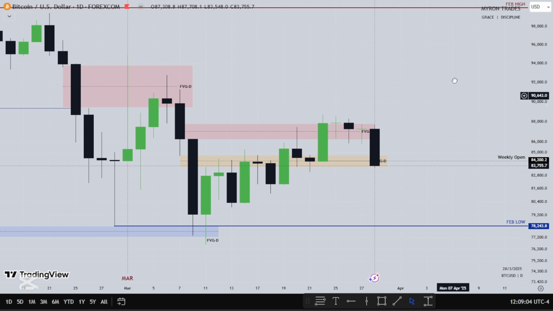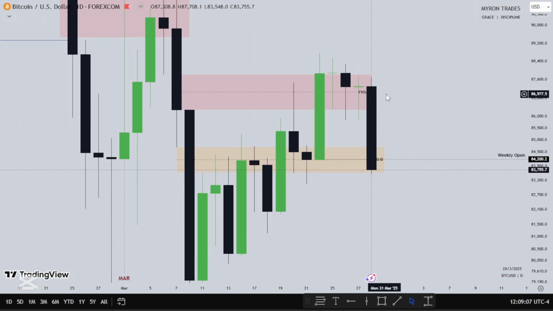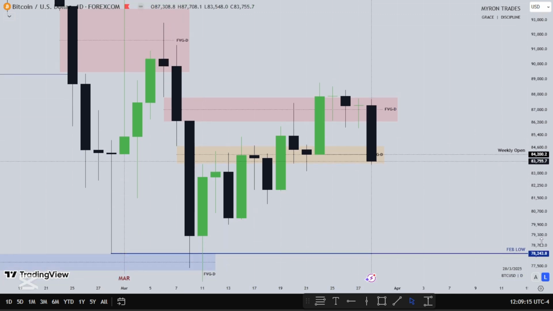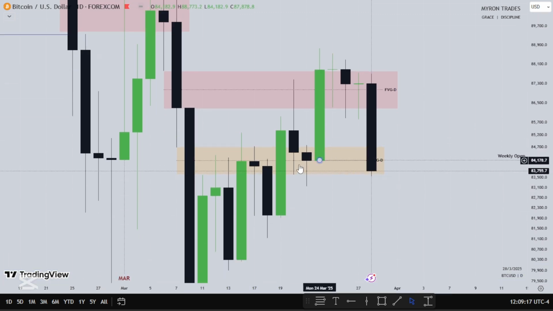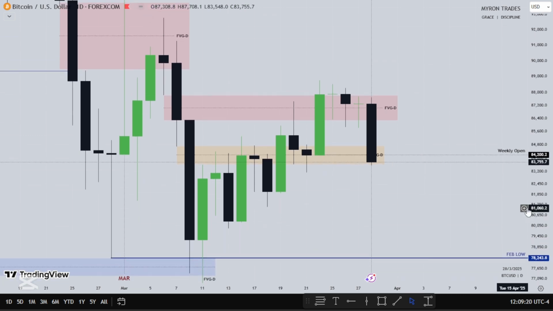Bitcoin, bro. Everybody is anticipating Bitcoin to go higher, but Bitcoin does not want to go higher, bro. So as you can see, I was wanting Bitcoin to use this fair value gap as a support to go higher. Initially we got that on Monday, Tuesday consolidated, Wednesday consolidated inside this red fair value gap, Thursday consolidated.